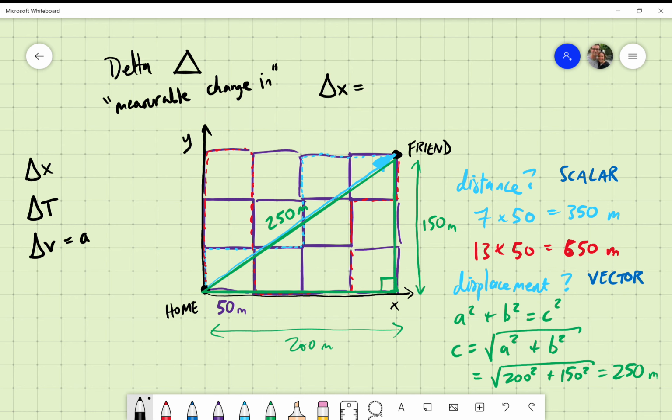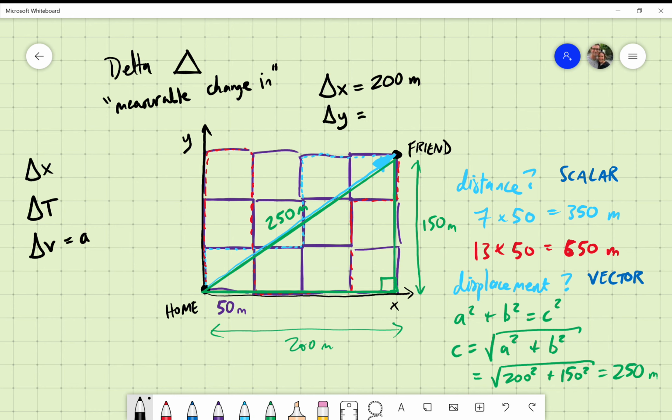And think about that. What's the number? Say it in your head. Say it out loud. It was the 200 meters. The 200 meters along the bottom of the screen, that horizontal distance, that was the delta x. That was the change in x from home to your friend's house.